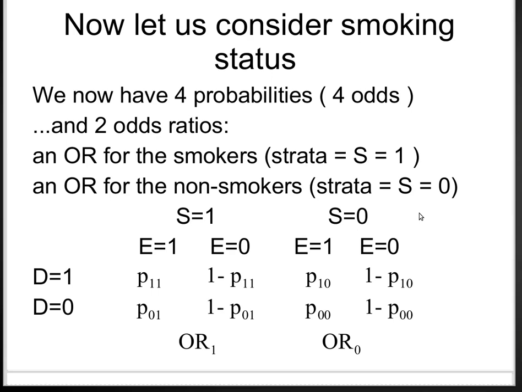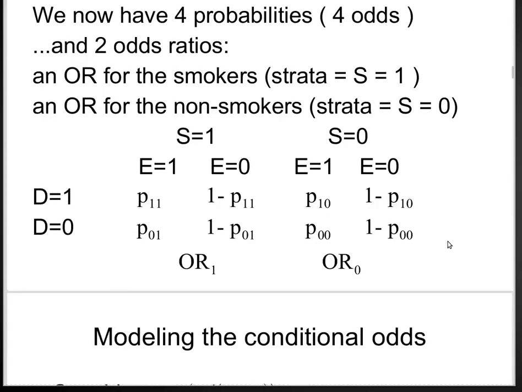That means that we have an odds ratio for the non-smokers and an odds ratio for the smokers. And they're written there, OR0 and OR1. We get two odds ratios. Now, this is, I hope, taking you back to what we did in the very first session. Two odds ratios, right.